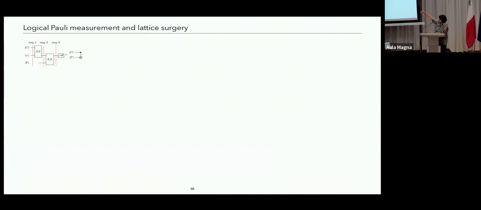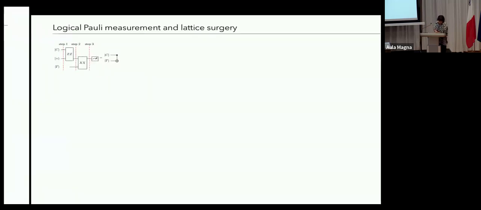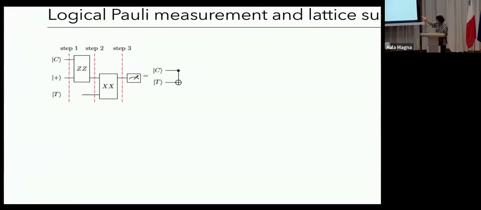So I don't want to dig too much into that. I just want to say another way to implement the Clifford group is to measure Pauli operators, products of Pauli operators at the same time. I don't know whether you are familiar with this kind of picture.